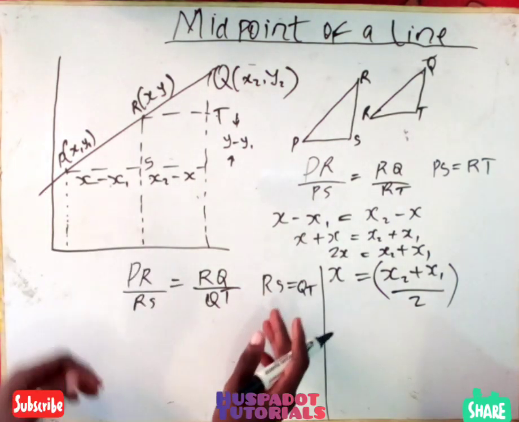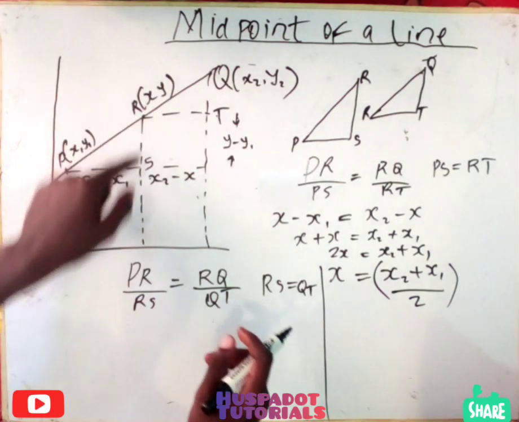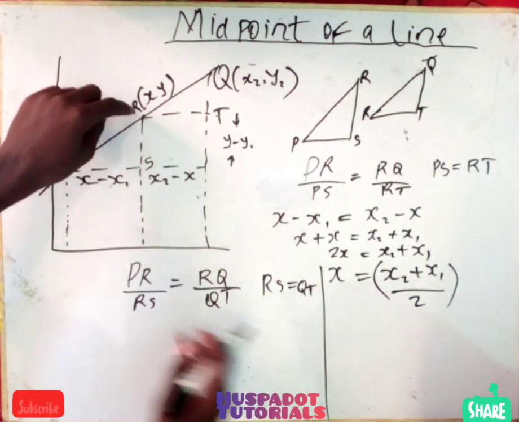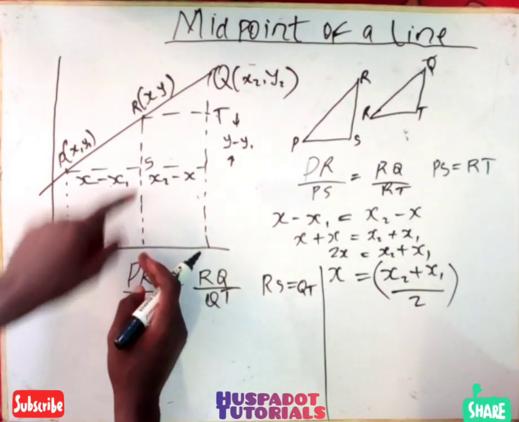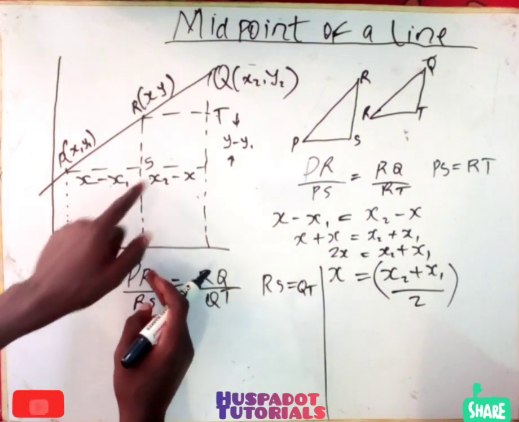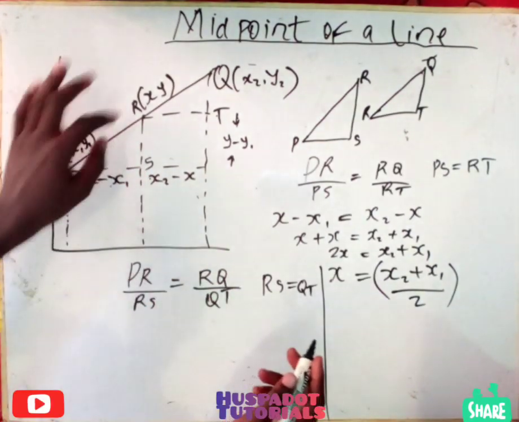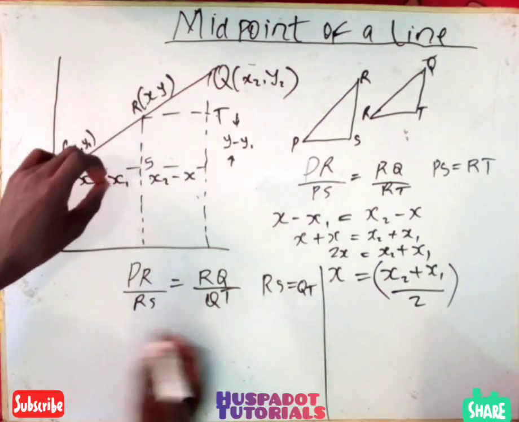Checking out side RS in the triangle PRS, at point R the distance is y, then at point S it is y1. So now RS will be y minus y1.